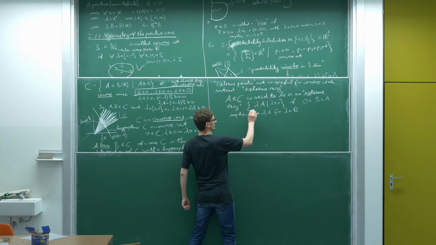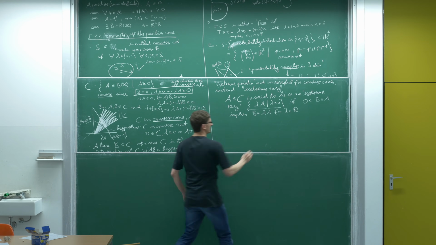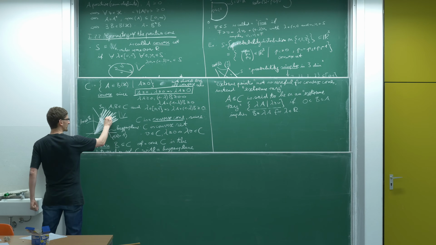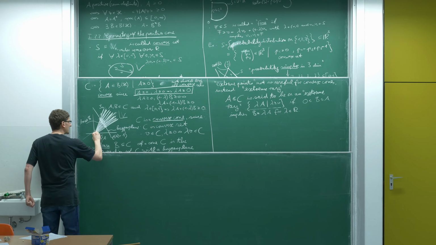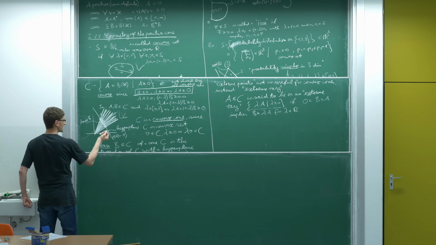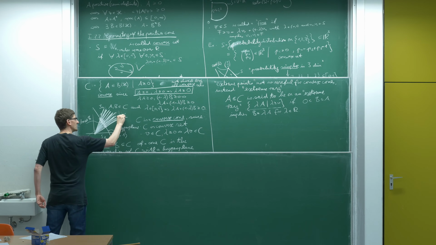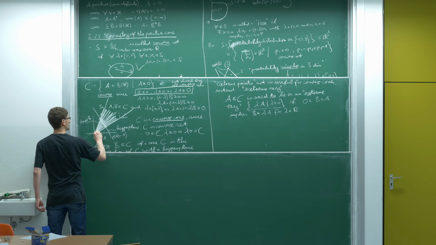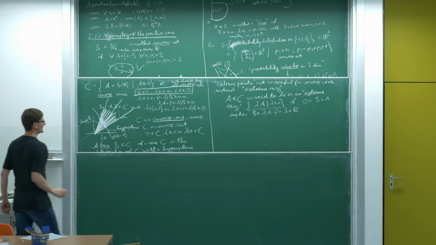So generally, a ray is called a set which can be obtained by taking an element of the cone and taking all positive multiples. So now I don't really know how to draw it here. For example, this here would be a ray of the cone. This here as well, and this here as well.